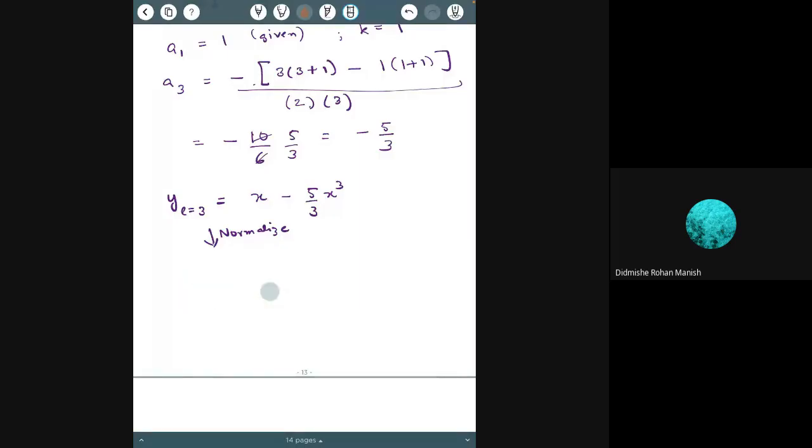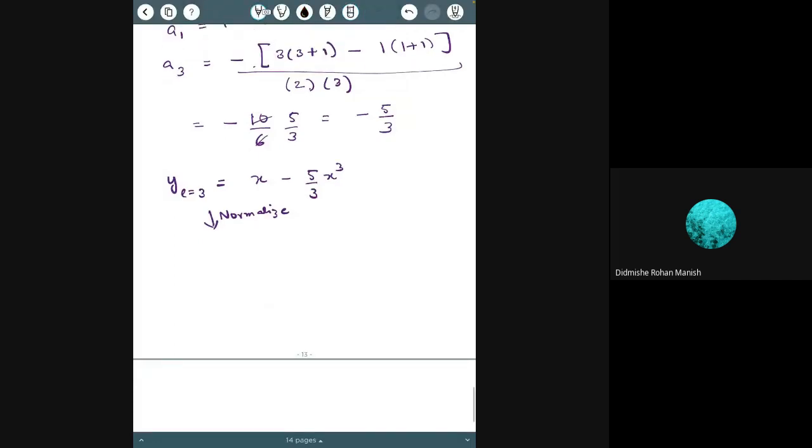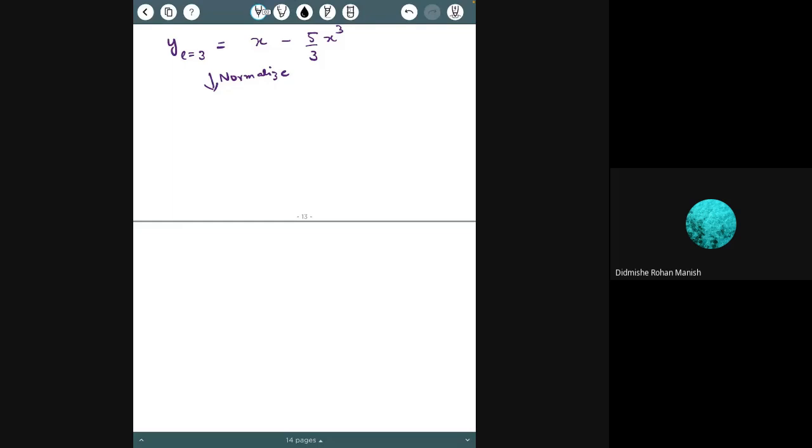If I want to normalize it, okay, let's just stop with the normalization once. Let's show the Rodriguez formula, and then I'll come back to the normalization. I didn't try out the normalization, of course.